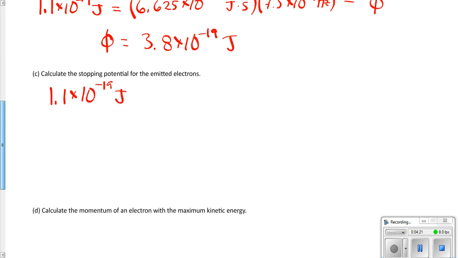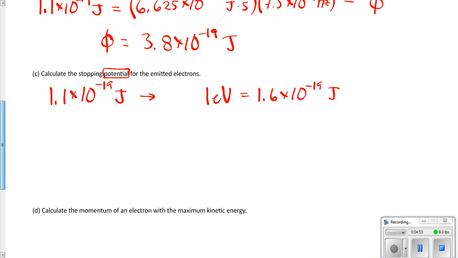Now this stopping potential, in eV, is far easier to do. So the conversion between joules and electron volts: 1 eV is equal to 1.6 times 10 to the negative 19th joules. And remember that 1.6 times 10 to the negative 19th is the charge of an electron, so that's easier to remember.